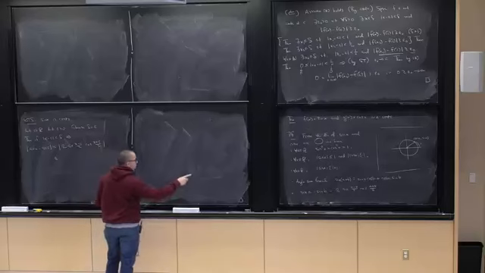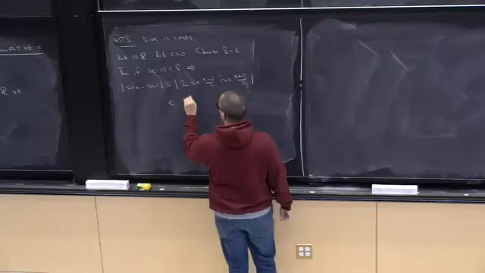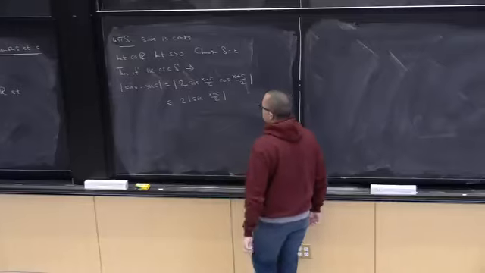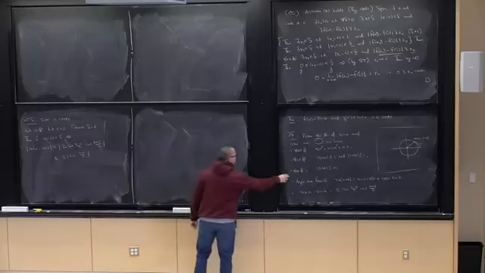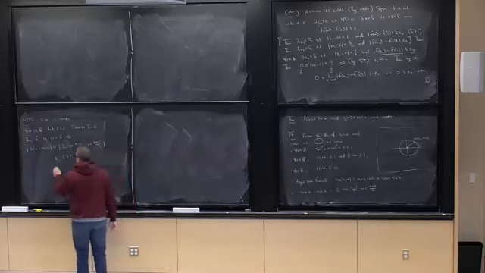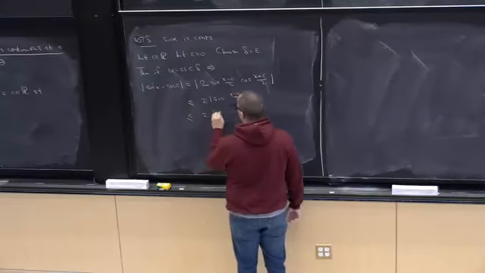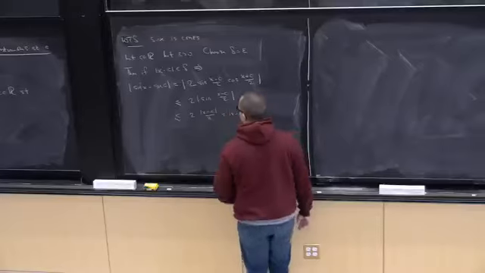By this second property over here, cosine is always bounded by 1, so this is less than or equal to 2 times the absolute value of sine of (x minus c)/2. And now we use this third property here, that |sine x| is less than or equal to the absolute value of that thing you're sticking in. So this is less than or equal to 2 times |x minus c|/2, which equals |x minus c|.